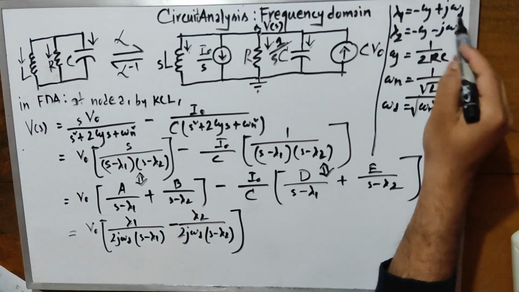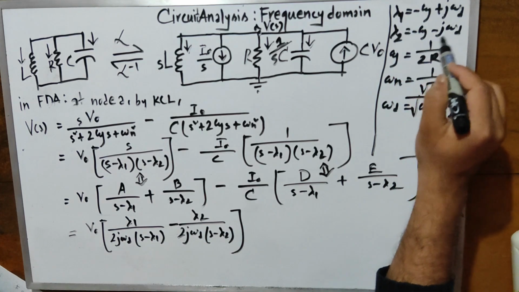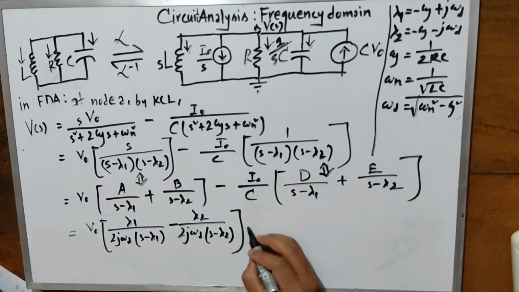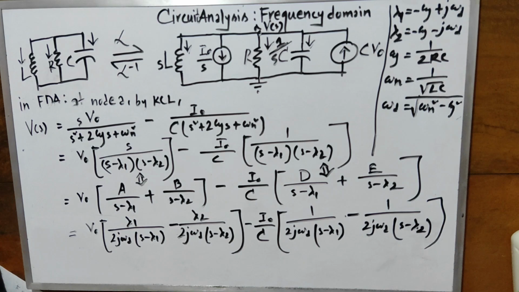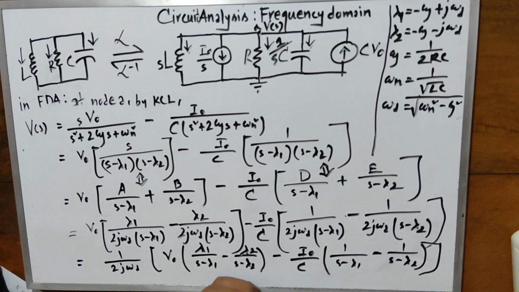If you just look here, lambda 1 minus lambda 2 is 2 j omega d. Okay, so now minus I O by C. If I take 1 by 2 j omega d common out, it will be like this, 1 by 2 j omega d. After I apply the inverse Laplace transform, it will come to look like more of the form I have derived in the time domain analysis.